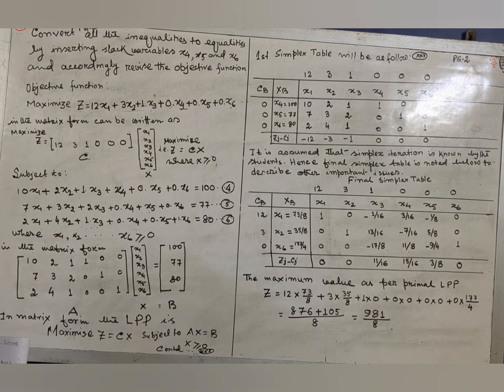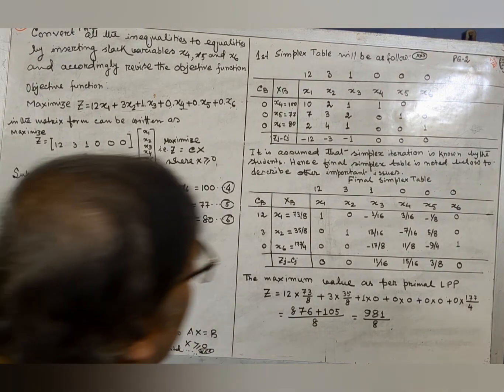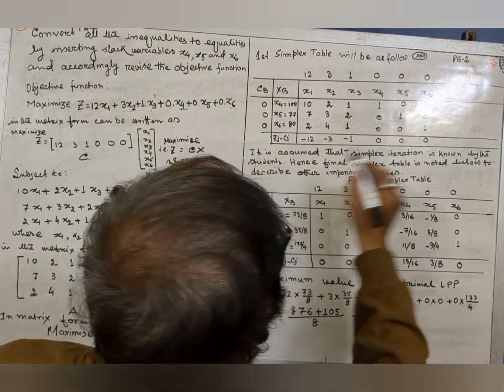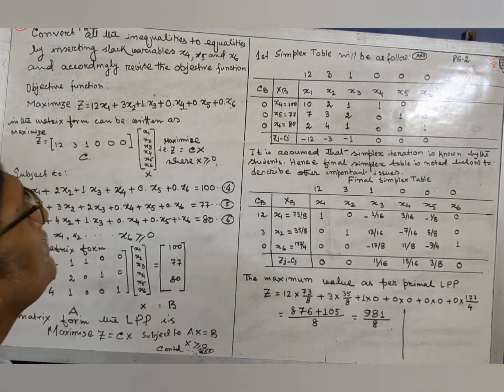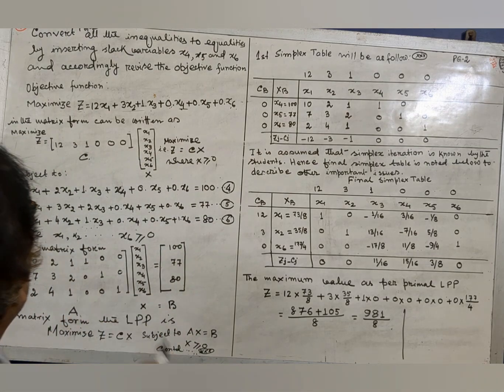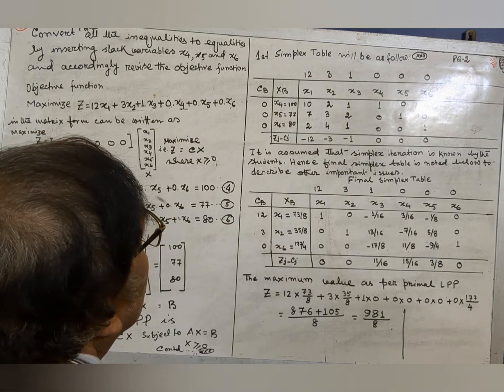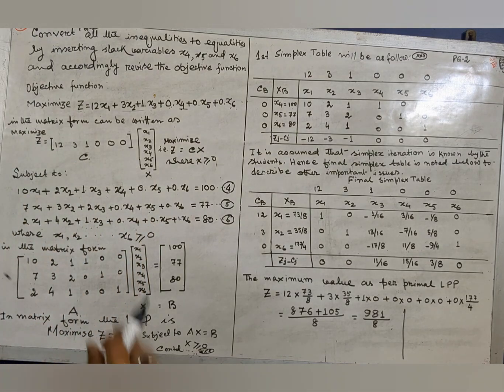How it has come, if you want to see, I can show you the rough work here. In this problem, there are 3 equations but 6 variables. We can't solve this in a unique way.